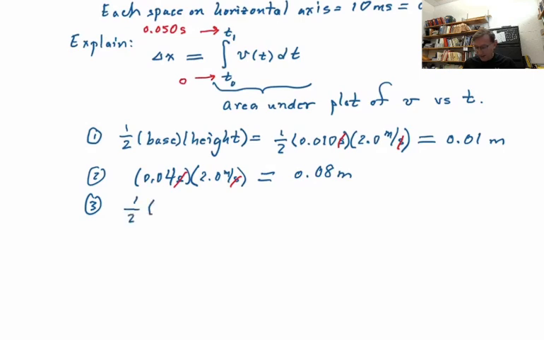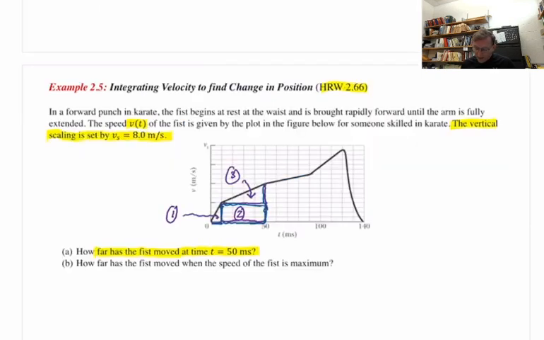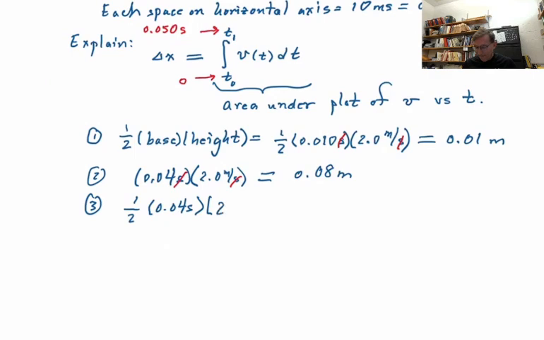Convert that to seconds, 0.04 seconds. Now, what's the height? Got to look carefully. Looks like it's 1, 2, 3, 4 tick marks along the v-axis, which is another, remember, 2 meters per second overall. So again, second and per second cancel, so I have something with units of meters. And you multiply that out, you get 0.04 meters.